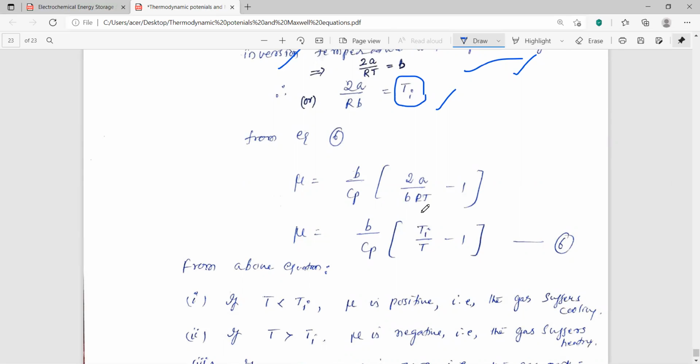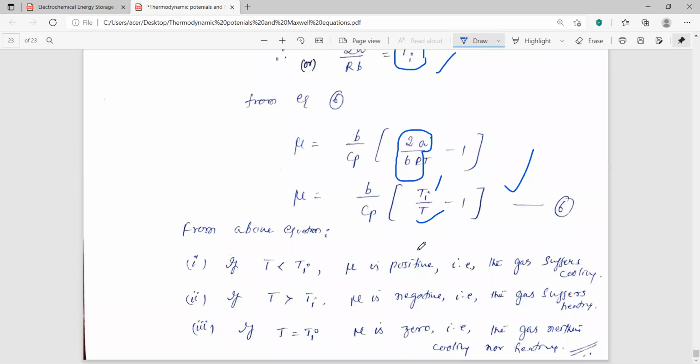Instead of 2a/bRT, I can write the Ti value, so μ equals b/Cp of (Ti/T minus 1). Ti is the inversion temperature, and T is the temperature at which we are running the process.